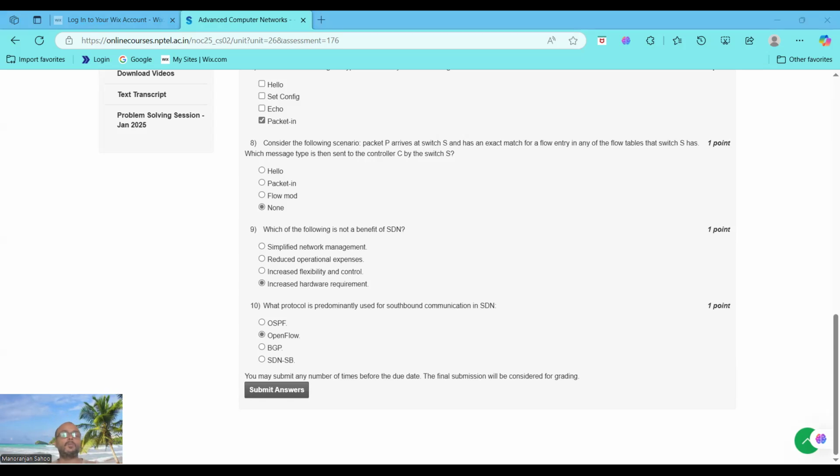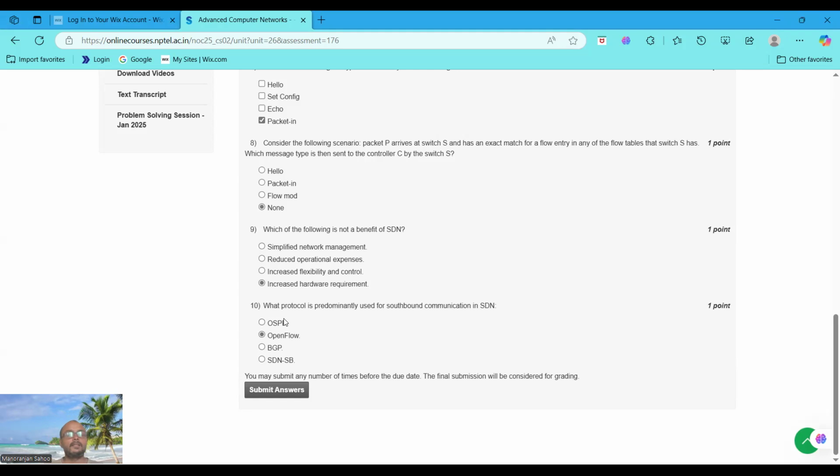Because OpenFlow is the most widely used protocol for southbound communication in SDN. It allows the controller to communicate with and control the switches. But what about the others? OSPF and BGP are routing protocols and are not used for southbound communication in SDN. That's why in this scenario, we chose the OpenFlow protocol.